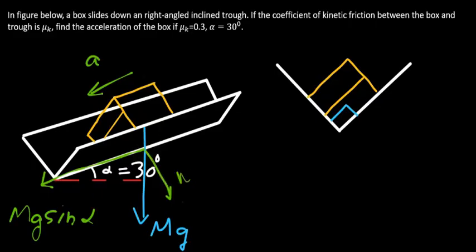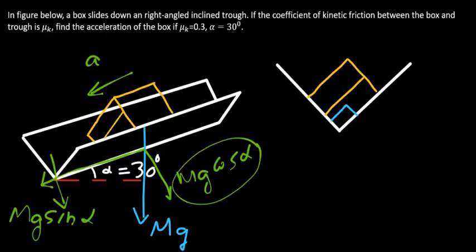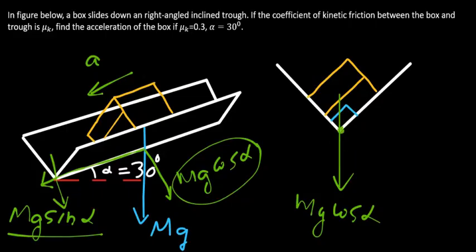So that is mg cosine alpha. The same mg cosine alpha. So in the cross-sectional diagram, this mg cosine alpha can be represented in this manner. Mg sine alpha is coming towards you, as represented by the dot.